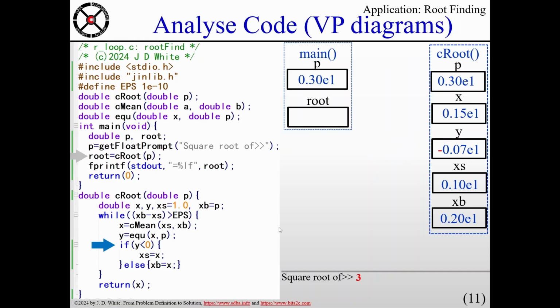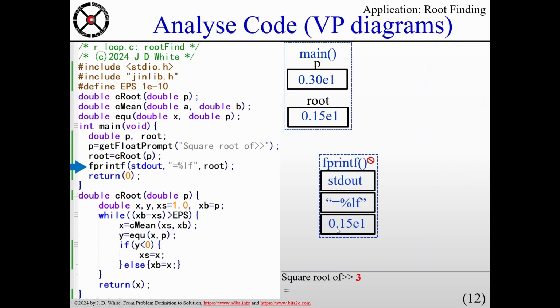Okay, now I check, is y less than 0? The answer is yes, it is. True. So I do this statement. XS is now going to be equal to x. And I enter the loop again, and let's just assume that we got down far enough. And so I do square root is 0.15, I'm happy enough.